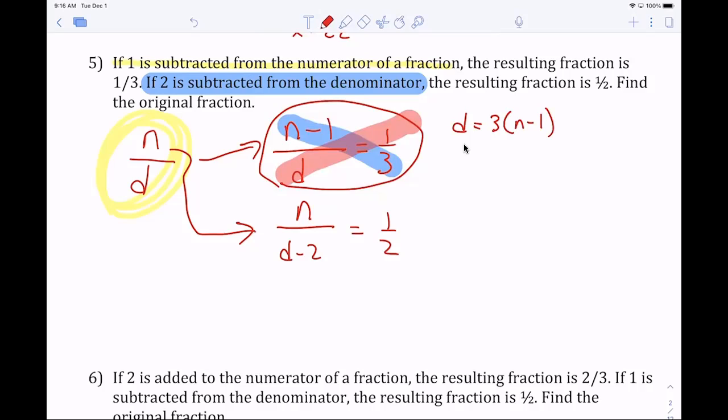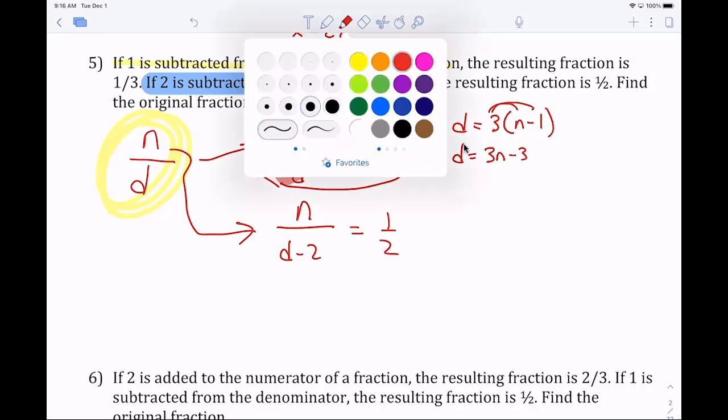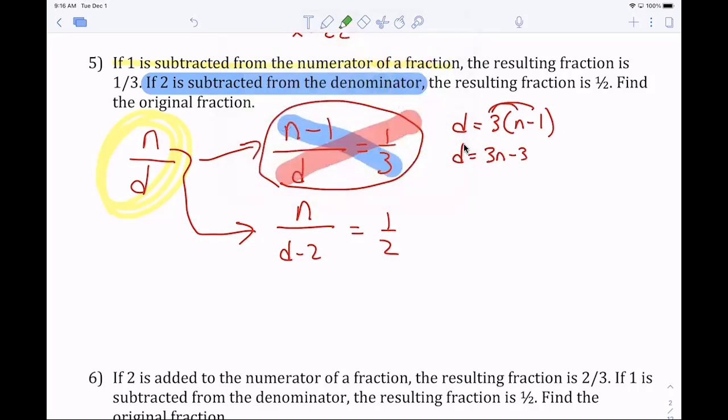Now what I really want you to do is just go ahead and distribute the 3. Then it starts to look familiar. D is equal to 3n minus 3. Then you just substitute them, right? Over here, the next step, the second equation, I still have to do what?